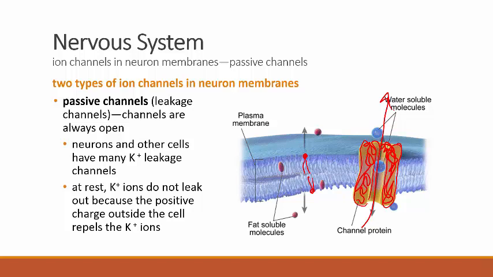And so potassium channels are an example of this kind of passive or leakage channel, because they've just got these holes in them that potassium can just go through.